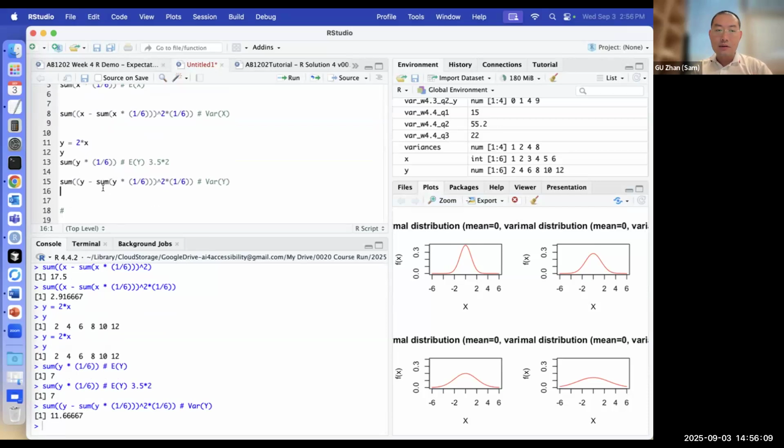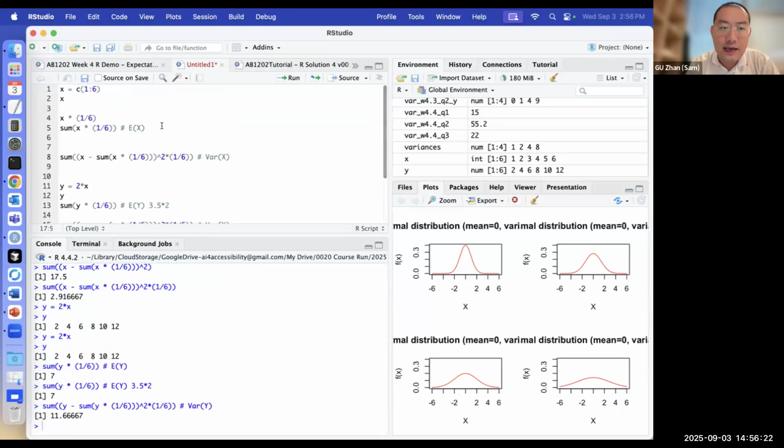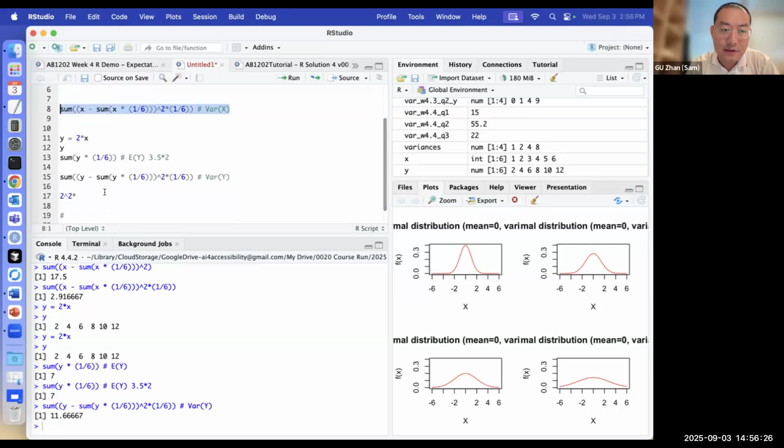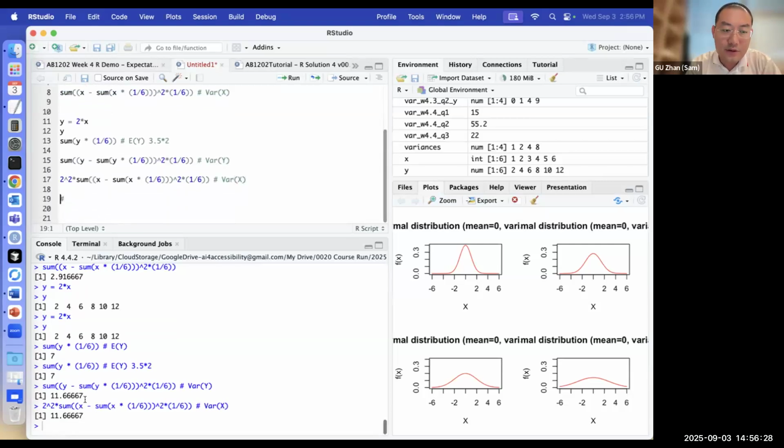According to the formula, if y equals 2x, then the variance should be 2 to the power of 2 times the original variance of x. The original variance of x is about 2.9, and multiplying them together you still get 11.6667. So if you manually calculate the variance of y, it's 11.6667.